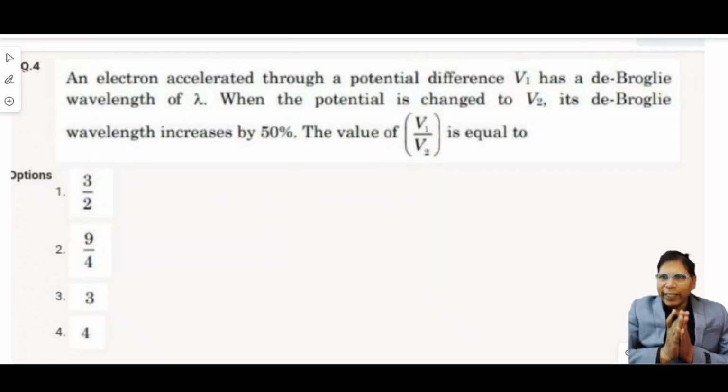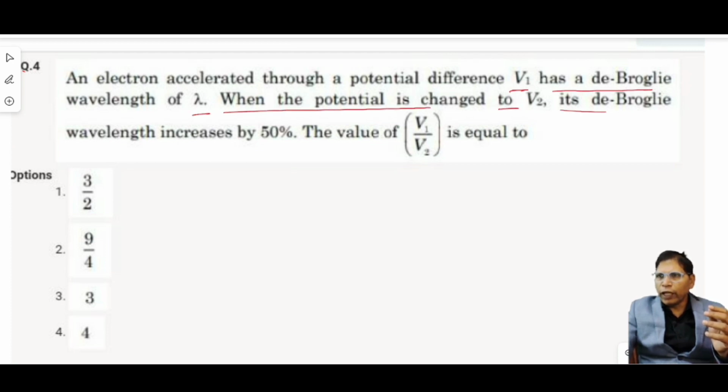An electron is accelerated through a potential difference V1, has a de Broglie wavelength of lambda. When the potential changes to V2, the de Broglie wavelength increases by 50%. That is, lambda 1 equals lambda, then potential V equals V1.